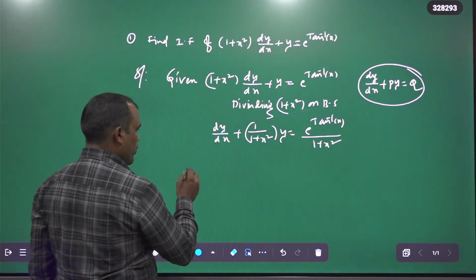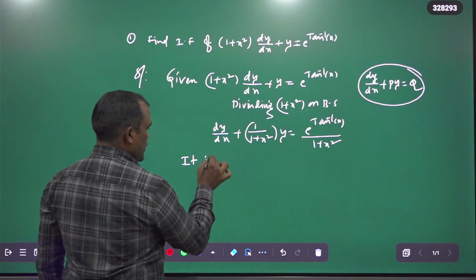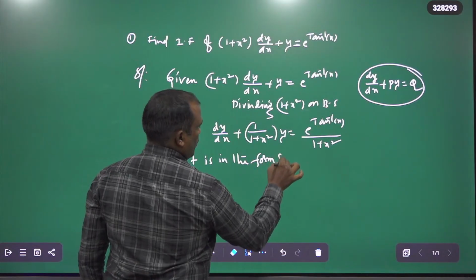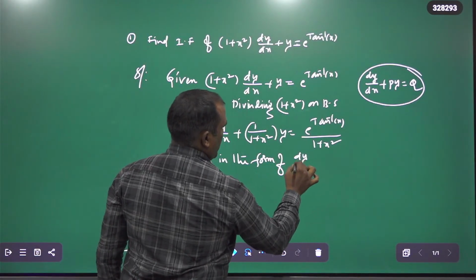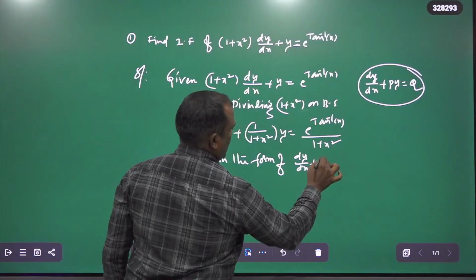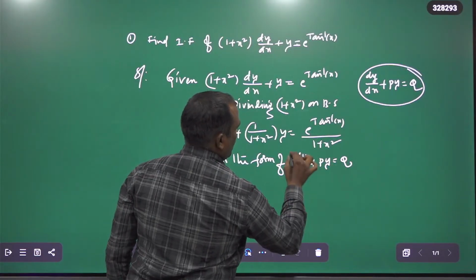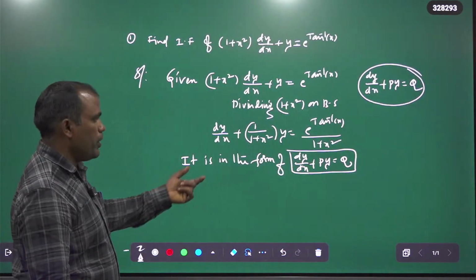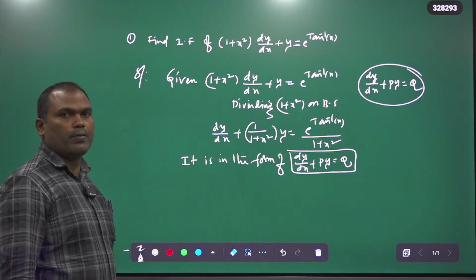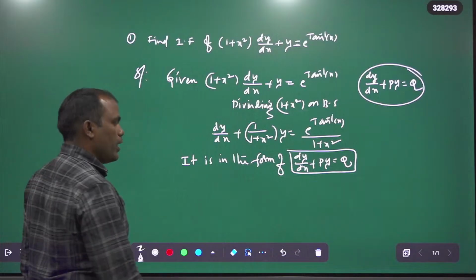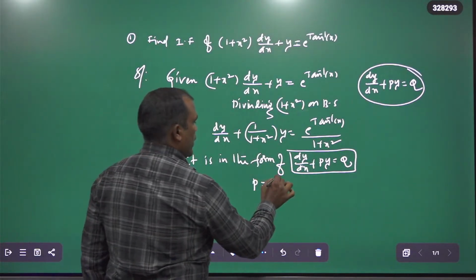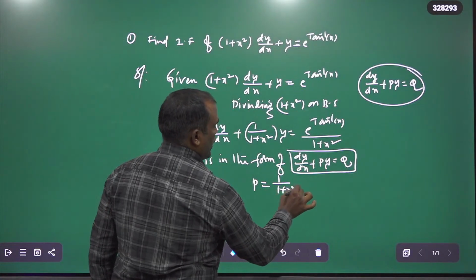Now it is in the form of dy by dx plus py equal to q. In this case, what is the value of p here? 1 by 1 plus x square.